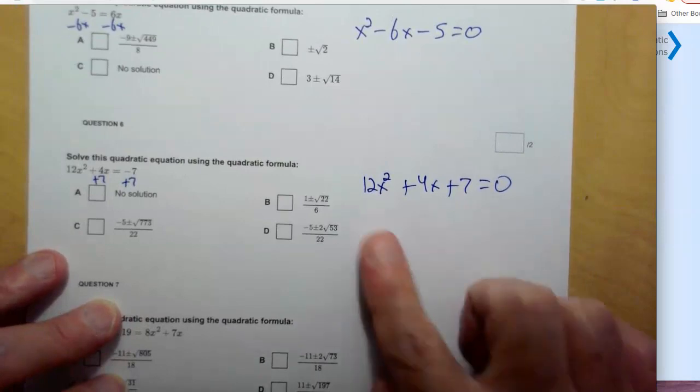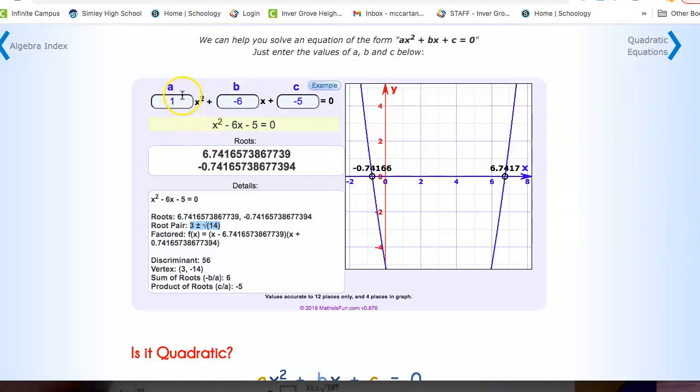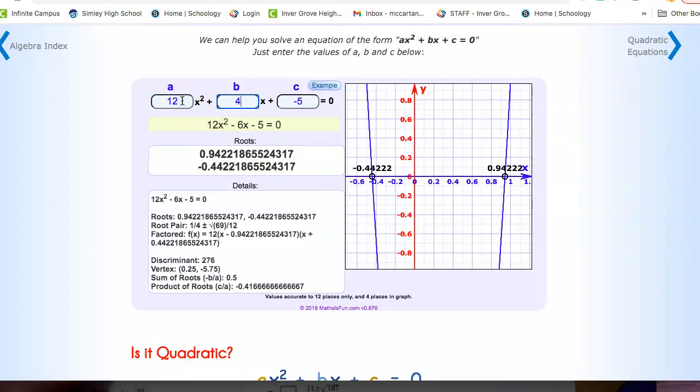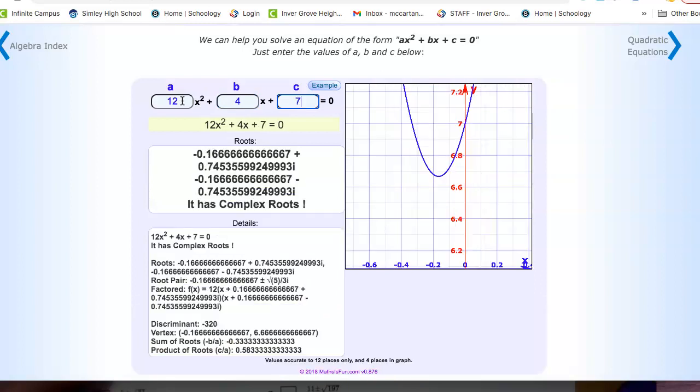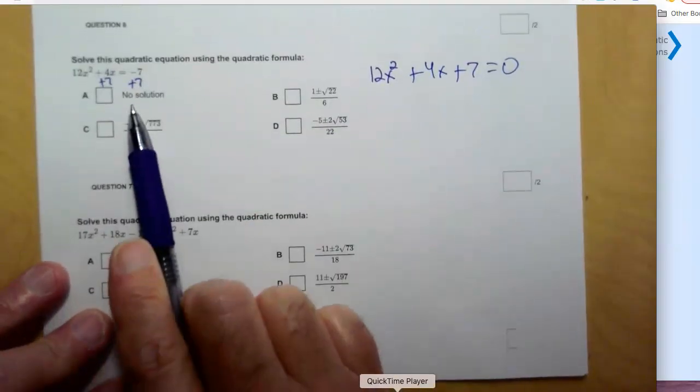A, B, C. Put them in there: 12, 4, 7. Uh-oh, it has complex roots. There's no solution is what that means, guys. Don't let these roots freak you out here. Complex roots, it never touches the x-axis. You probably see the answer there: no solution.